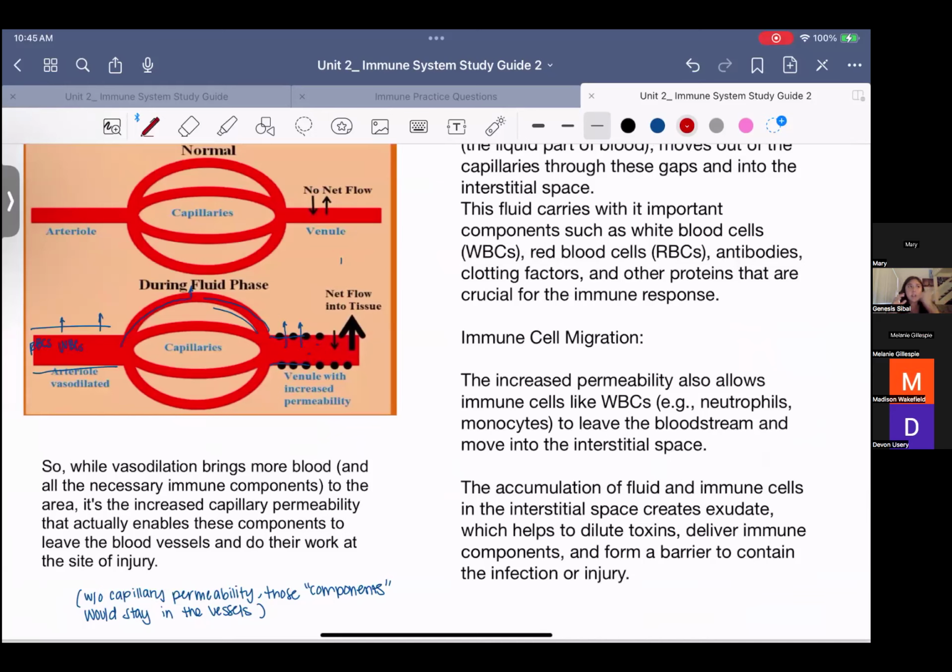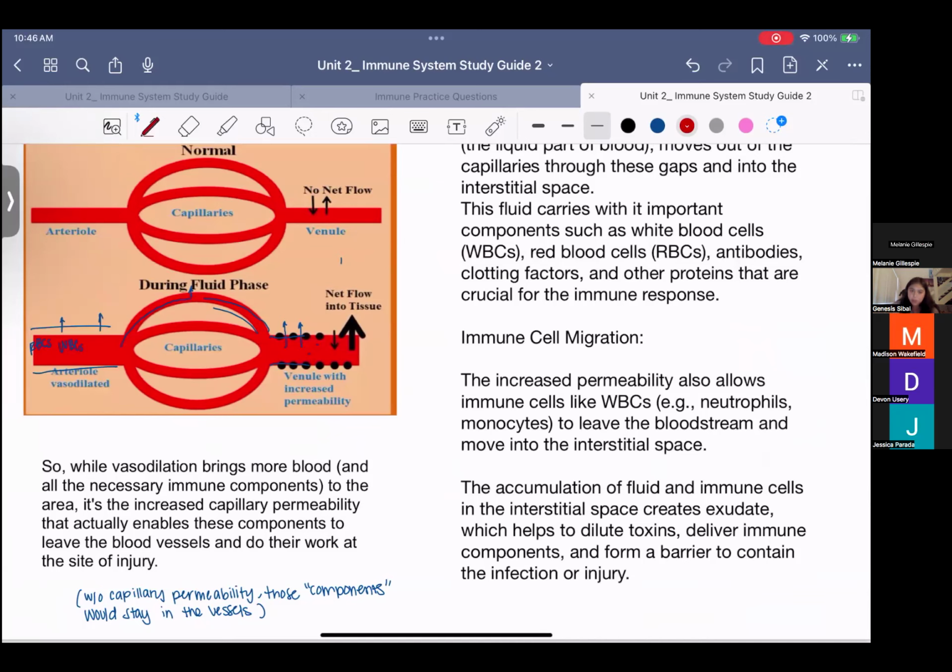Your injury might not just be at a vessel, it can be an actual tissue injury. If I get a cut on my arm, it's not touching my artery or my veins, but my capillaries are going to get all of those components, and with increased capillary permeability, they're able to leave my vessels and go into the interstitial space.